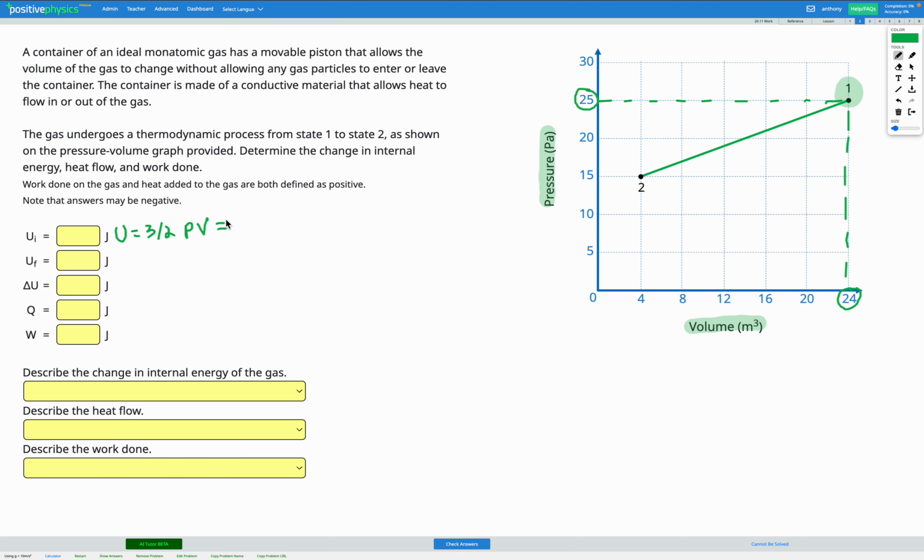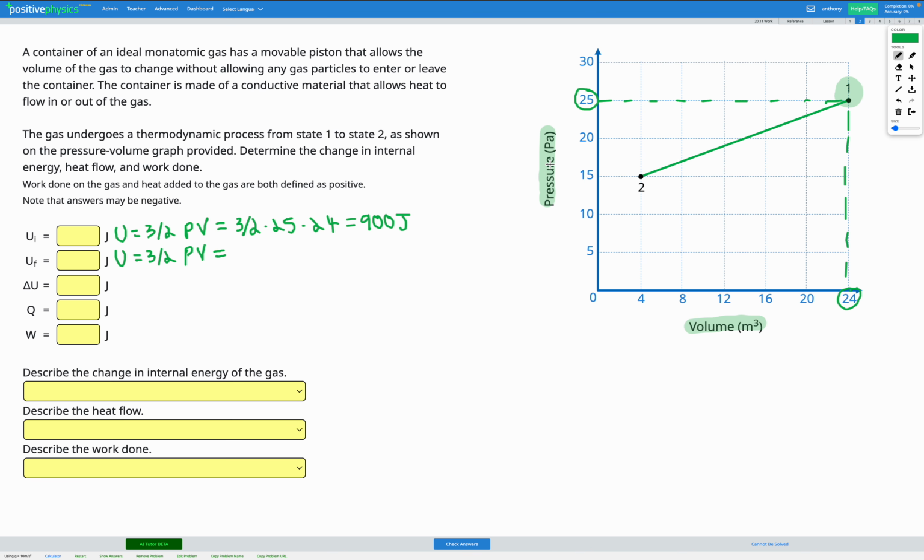So in our equation for the initial internal energy, we're going to have 3/2 times the pressure, which was 25, times the volume, which was 24. If we put that into our calculator, we're going to get a total internal energy of 900 joules. Then we can do the same for the final total internal energy. It's also going to be 3/2 PV.